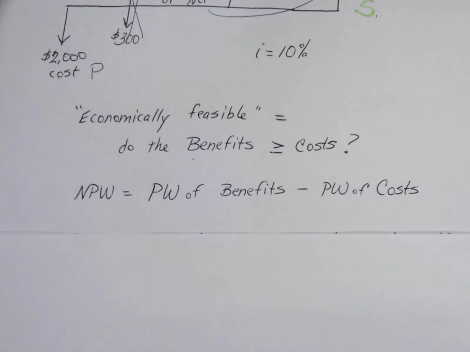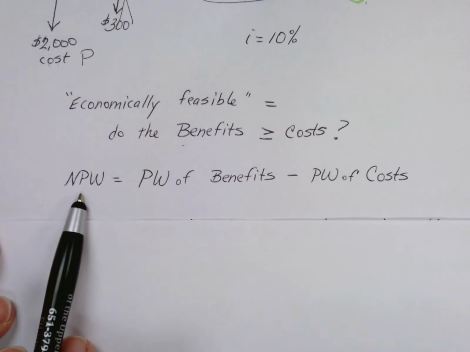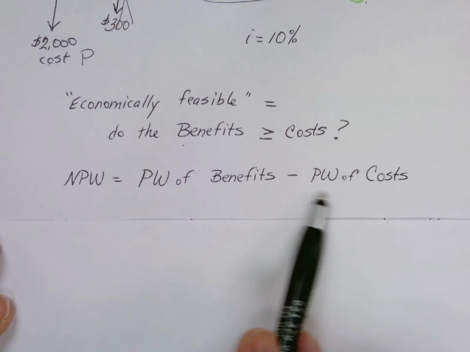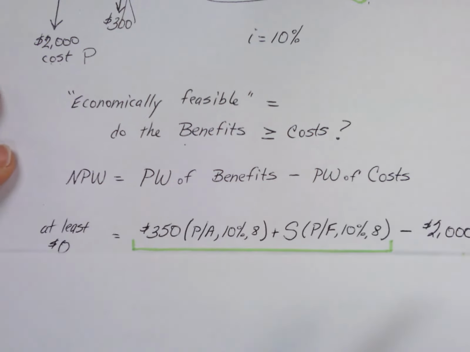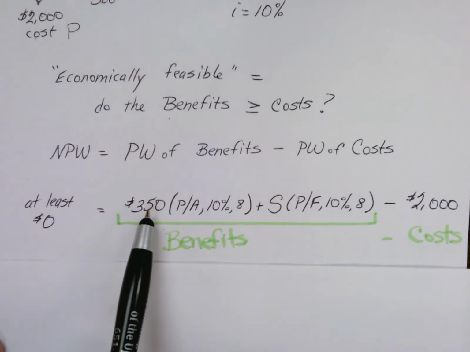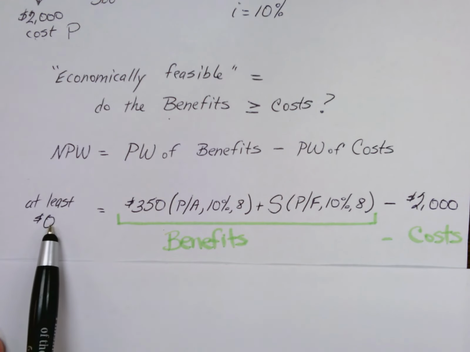So how we state this then, in an equation, net present worth, which you want to be at least equal to 0 or greater, net present worth would mean the present worth of the benefits would be greater than the present worth of the costs. Using the information for this particular problem, we want the net present worth to be at least 0. We want the benefits to be greater than the cost.